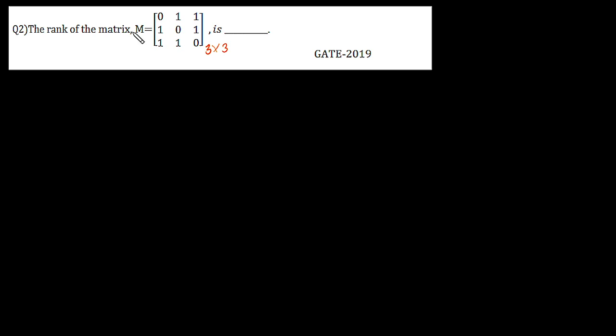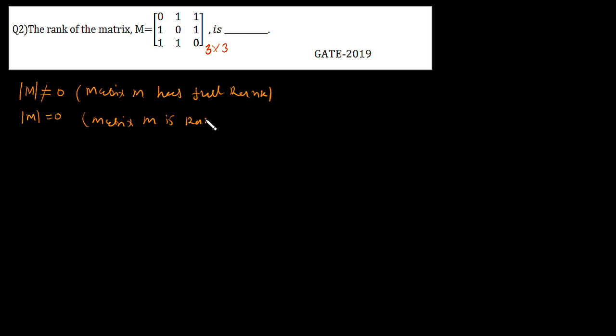So finding the determinant of M is easier, and the determinant is directly related to the rank of any matrix. If I find the determinant of this matrix M and it is non-zero, then I can say the matrix M has full rank, and if the determinant of matrix M is 0, then I can say matrix M is rank deficient.